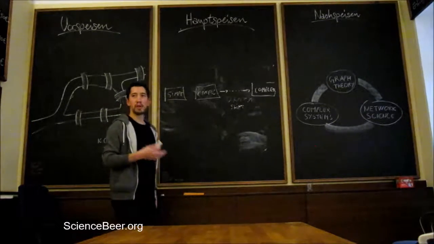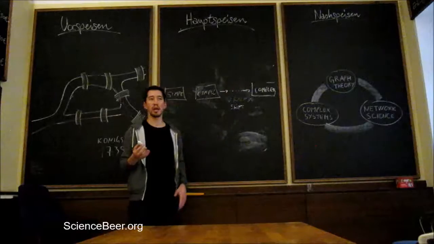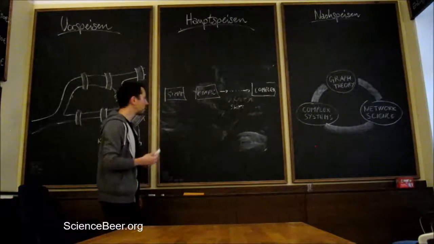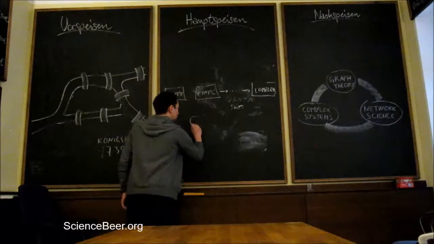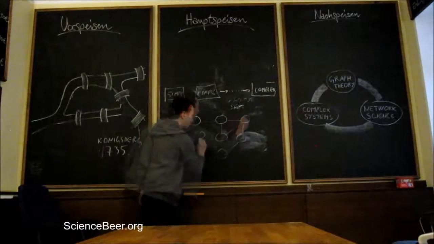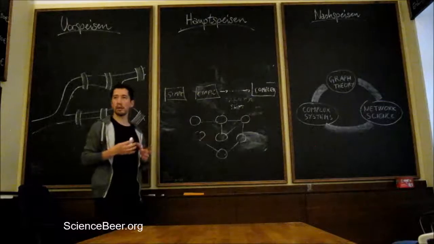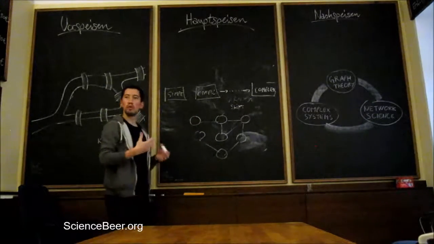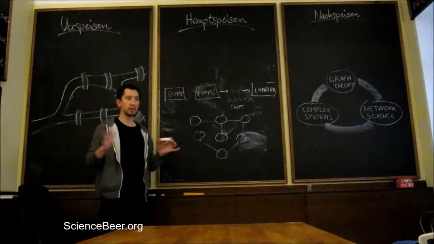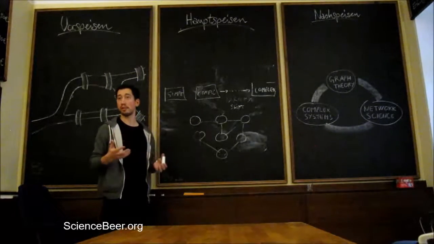For example, birds. They sometimes behave as a complex system. One of the main properties of a complex system is that it is usually made out of many small independent parts, which individually don't do much, but together they form a system.